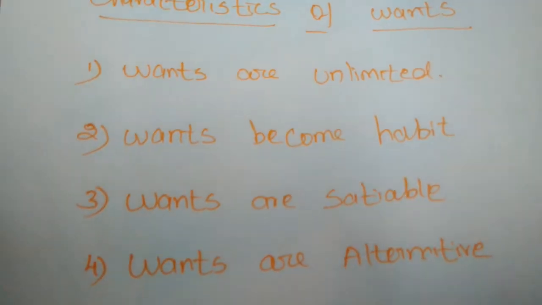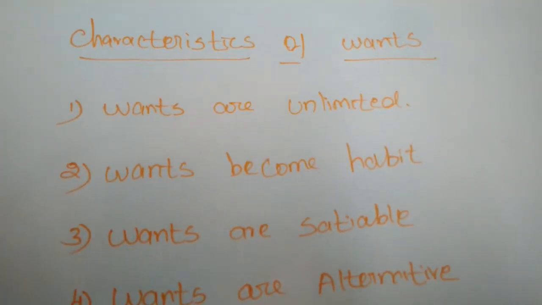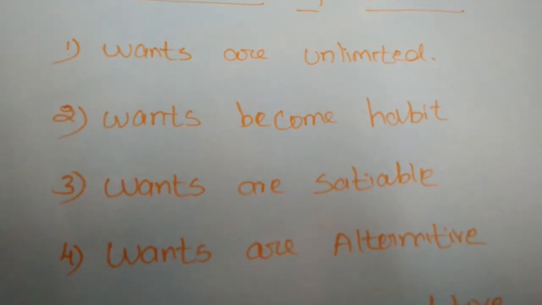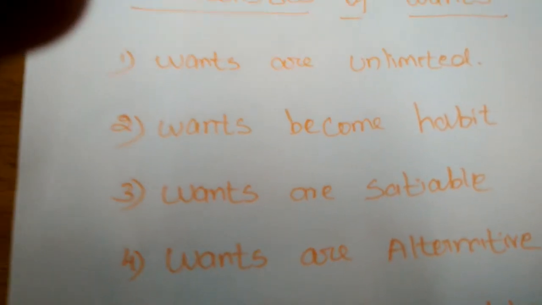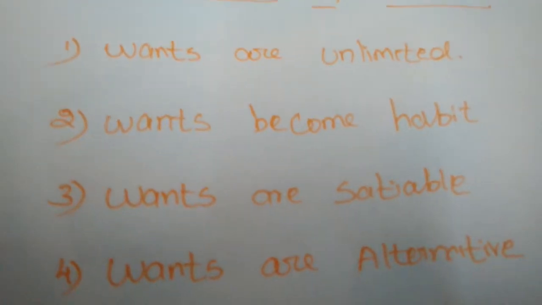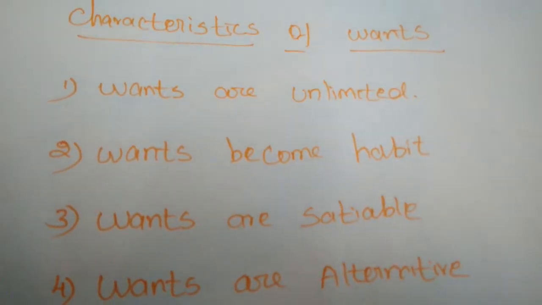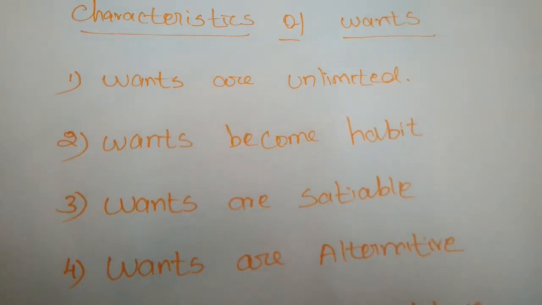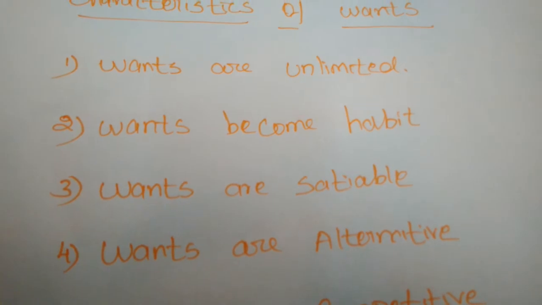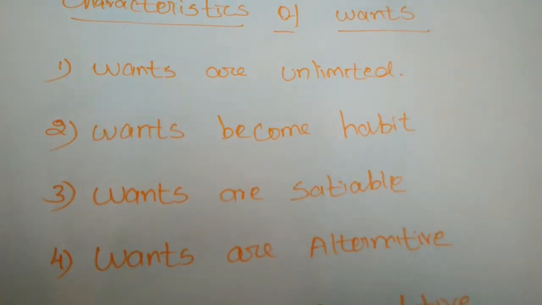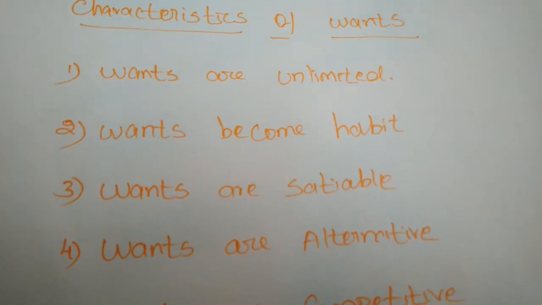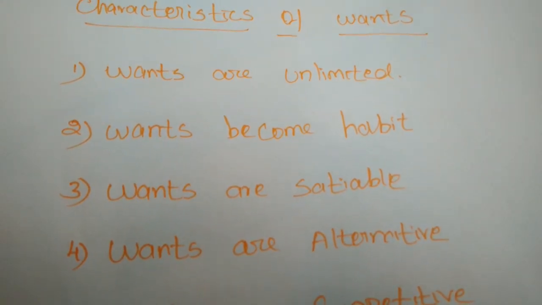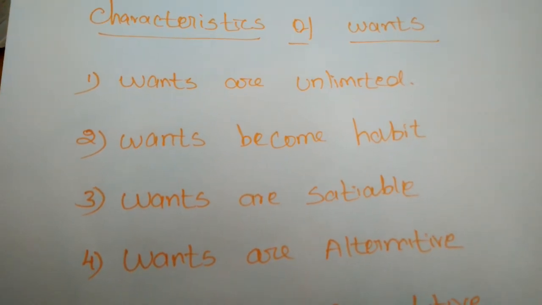And whenever industrialization develops, new types of commodities come to the market. Many advertisements also make us consume the new commodities. So wants are unlimited. Even after satisfying our wants for commodities, we will get the desire to consume new commodities.